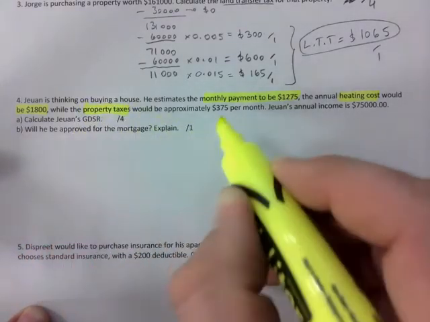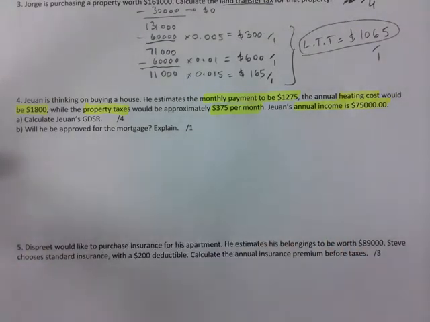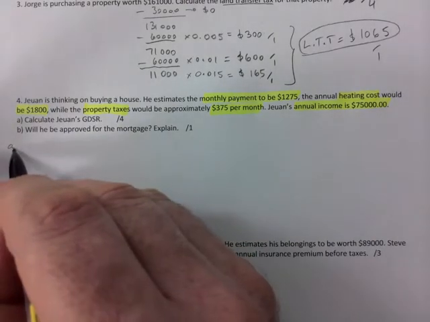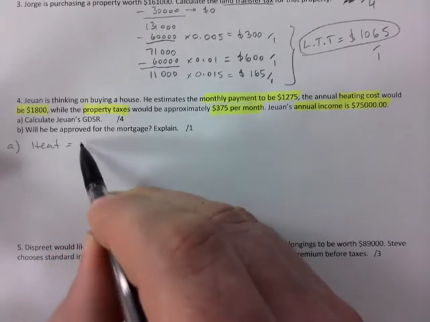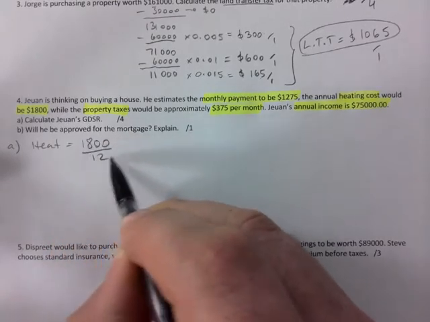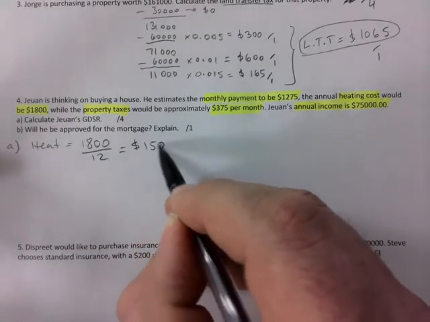Property taxes, approximately $375 per month, and the annual income is $75,000. Calculate the GDSR. Okay, so we need to do a few things here before we do anything. The heating, I need to turn that into a monthly amount. That's the key for GDSR. And that would be $150 a month.